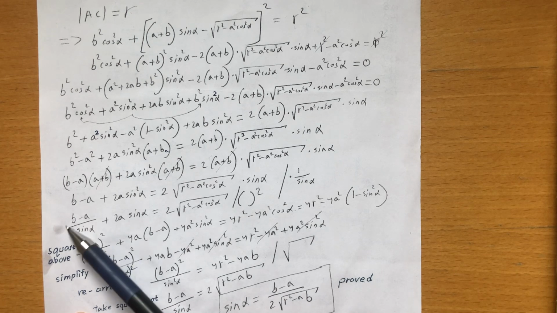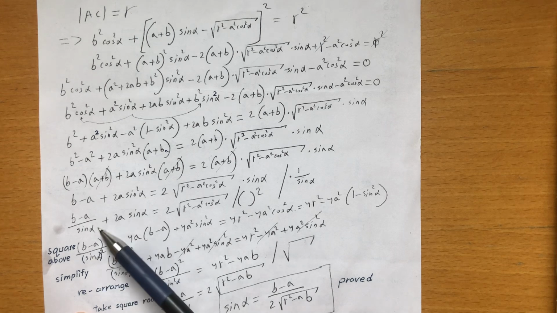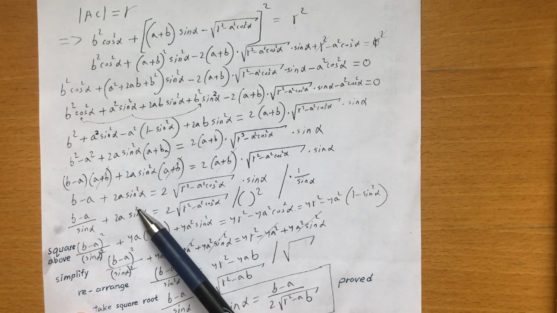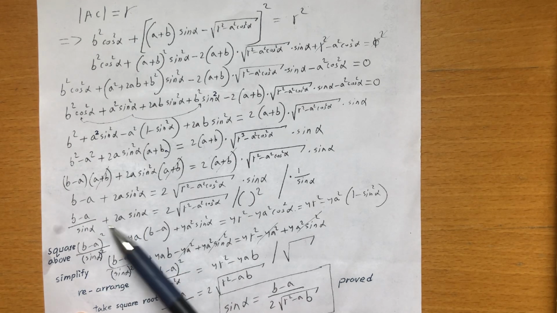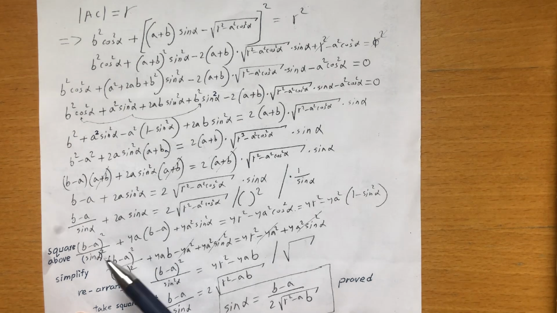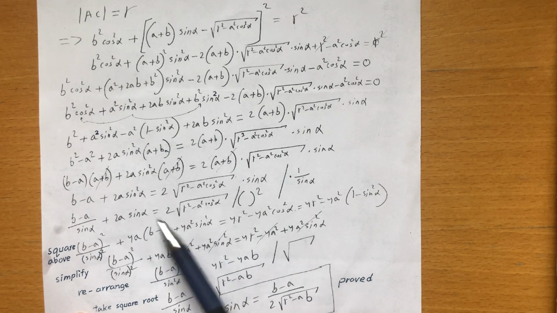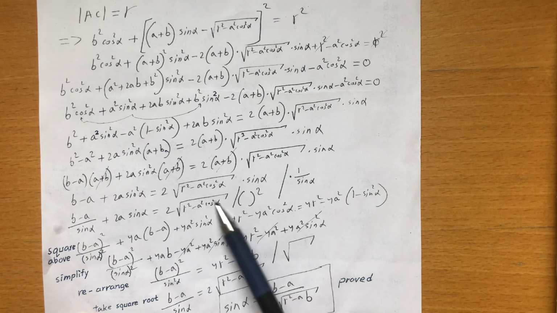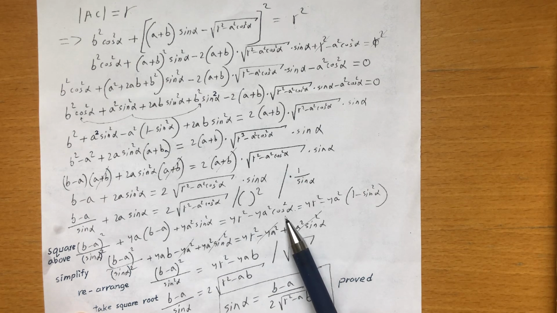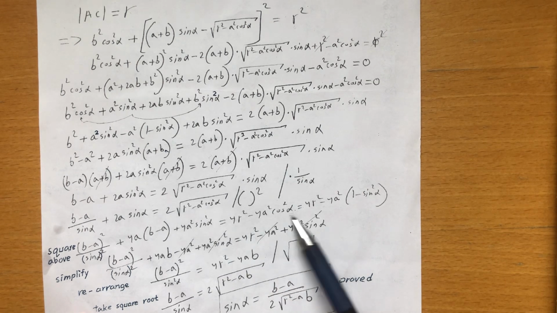So b minus a divided by sine alpha, you square it. So you get this, and you square the left-hand side, you have a squared plus b squared plus 2ab. B squared is this squared. And then you square the right-hand side, you get this. And you change cosine squared to 1 minus sine squared, you get this.